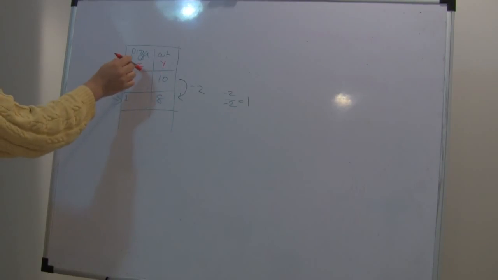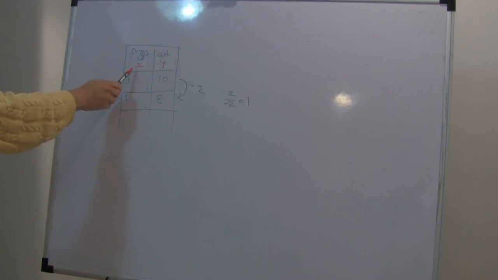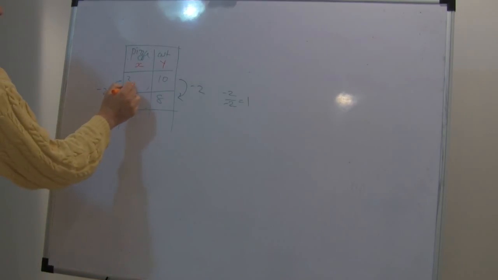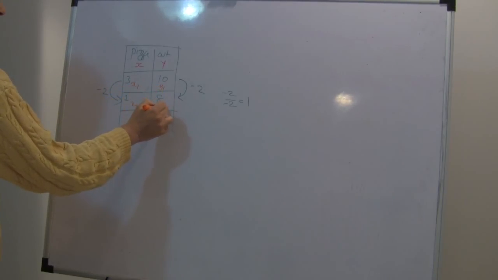So we can assume that this is x-axis and this is y-axis. As the number of topping changes, the cost changes. So we can assume that this is x1, this is x2, and this is y1, this is y2.